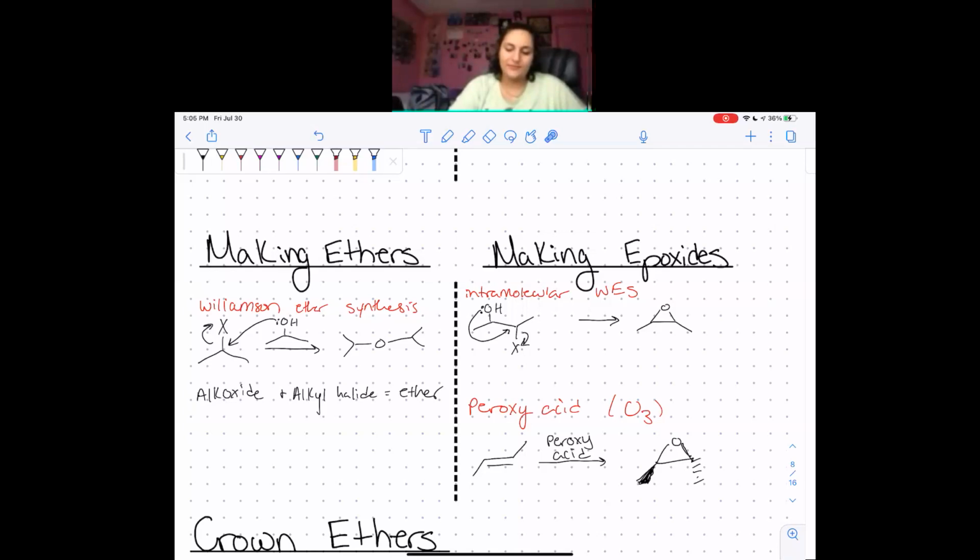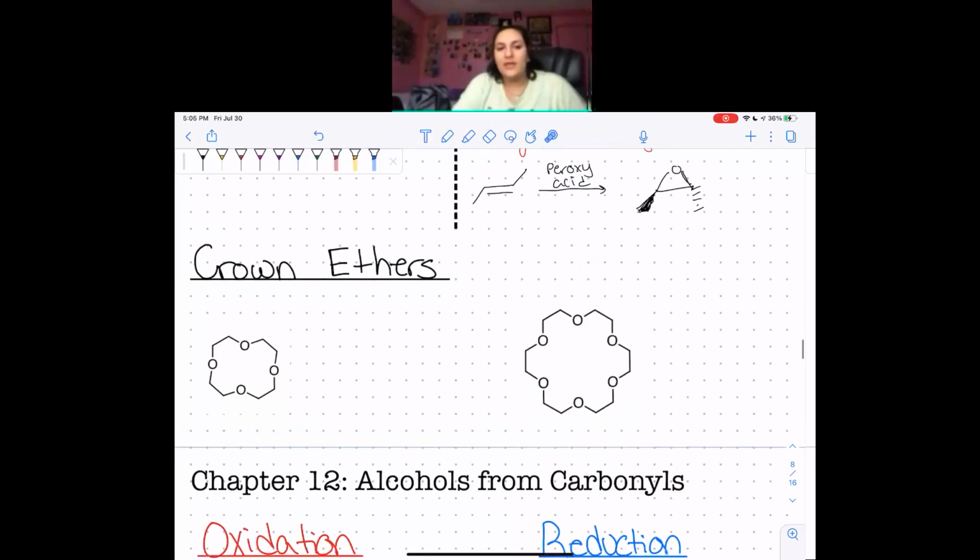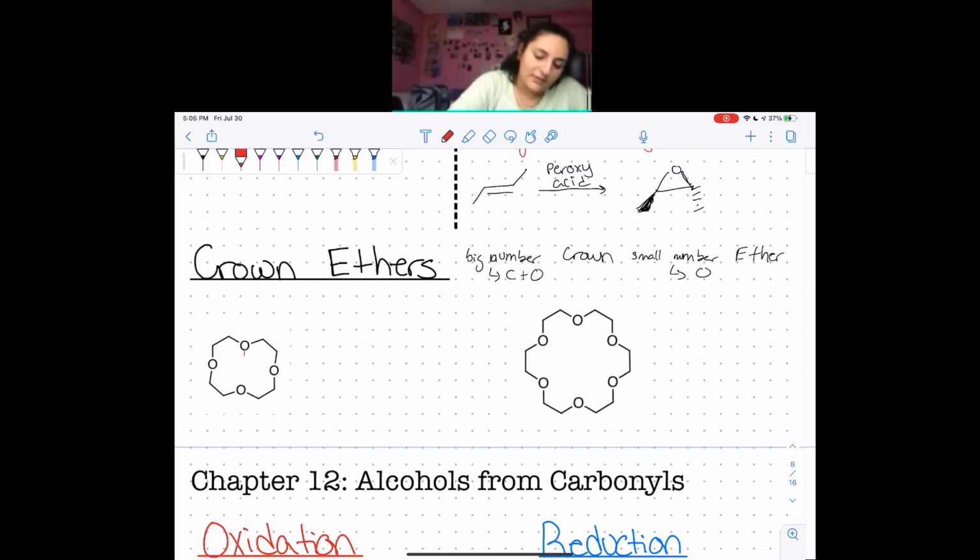Last but not least for this chapter, we name crown ethers. So when we're naming crown ethers, it's always the bigger number, crown, small number, ether. The big number is the number of carbons plus oxygens. The small number is just the number of oxygens. So we have 1, 2, 3, 4 oxygens.